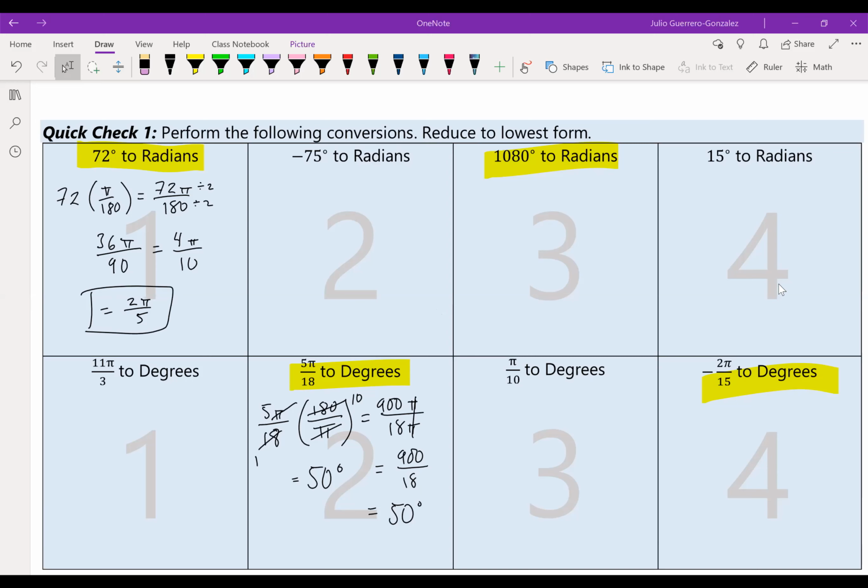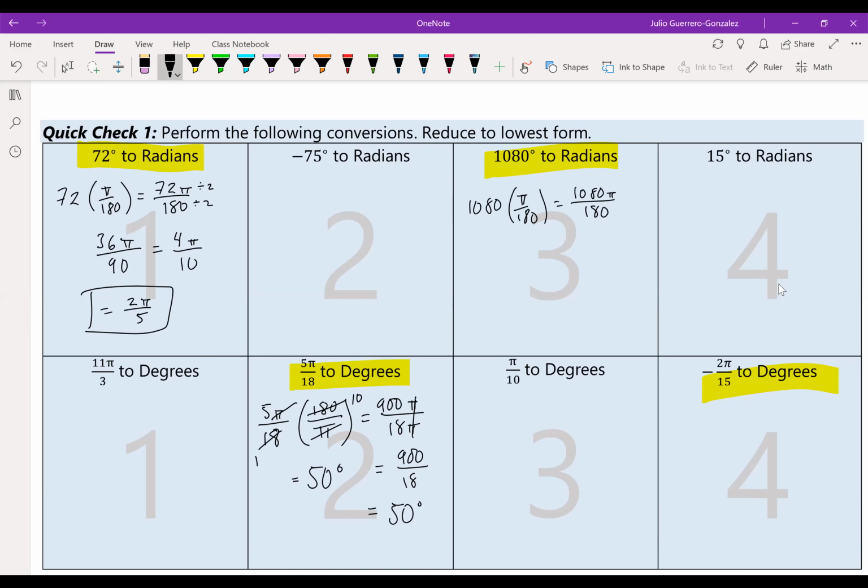All right. While other people get here, 1080 to radians. What do I multiply it by? Pi over 180. Right. So 1080 pi over 180.